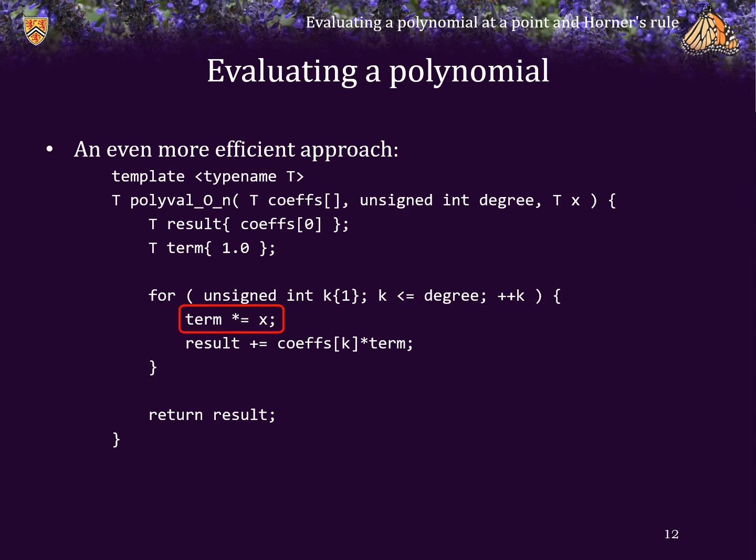Then, with every single iteration of the loop, we will simply multiply this term by x. So with the next iteration, it's x. With the iteration after that, it's x squared, then x cubed, and so on and so forth. We will then calculate our result by multiplying the coefficient by the corresponding term.